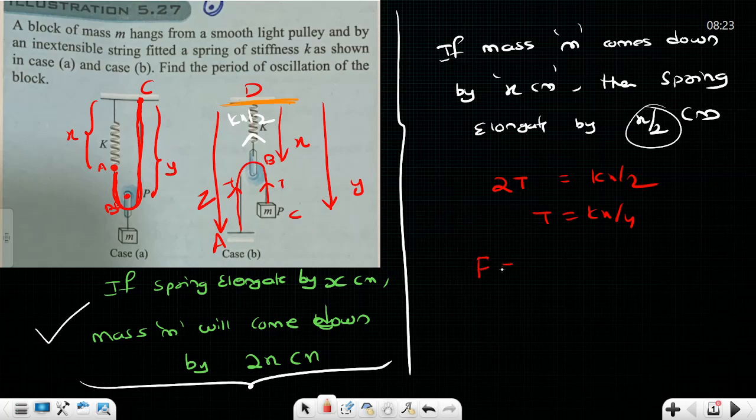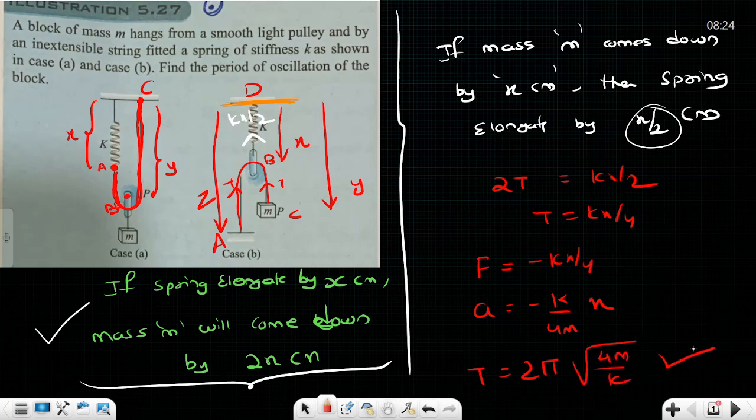So F is equal to minus kx by 4. So acceleration is equal to minus k by 4m into x. Time period will be 2 pi root x by a. So 2 pi root 4m by k. This is the time period in the second scenario.